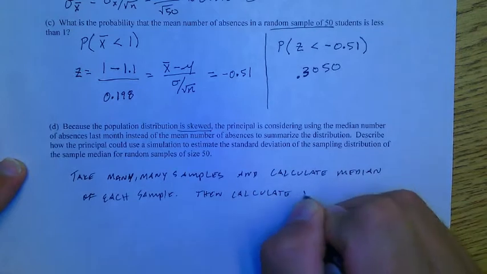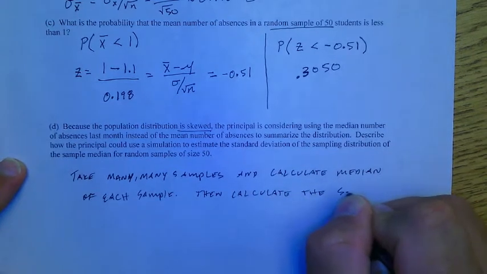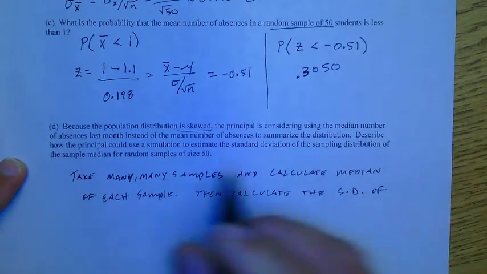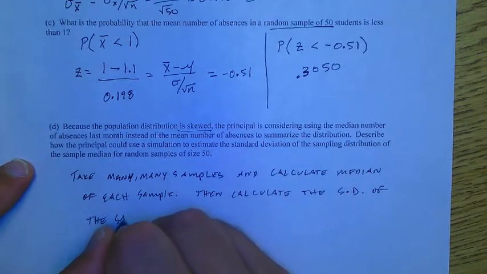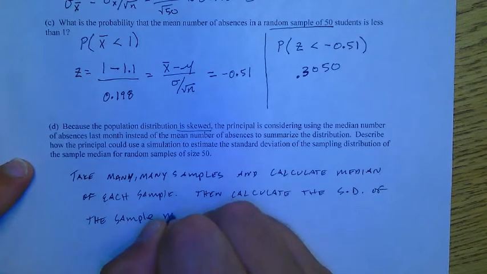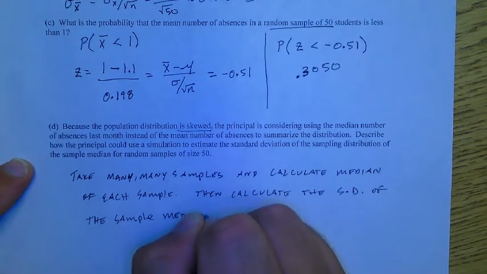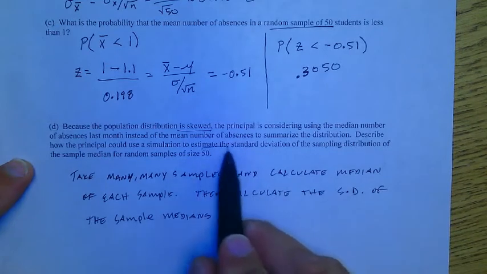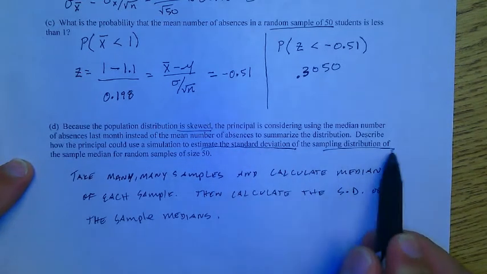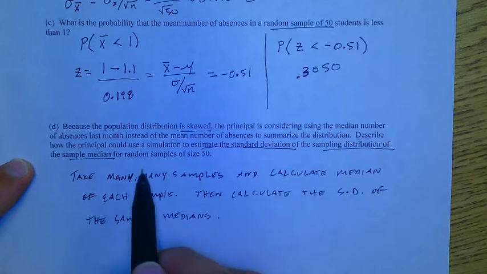Then, once we have the median of each sample, we will calculate the standard deviation of the sample medians. That will give us an estimate for the standard deviation of the sampling distribution of the sample median for samples of size 50.